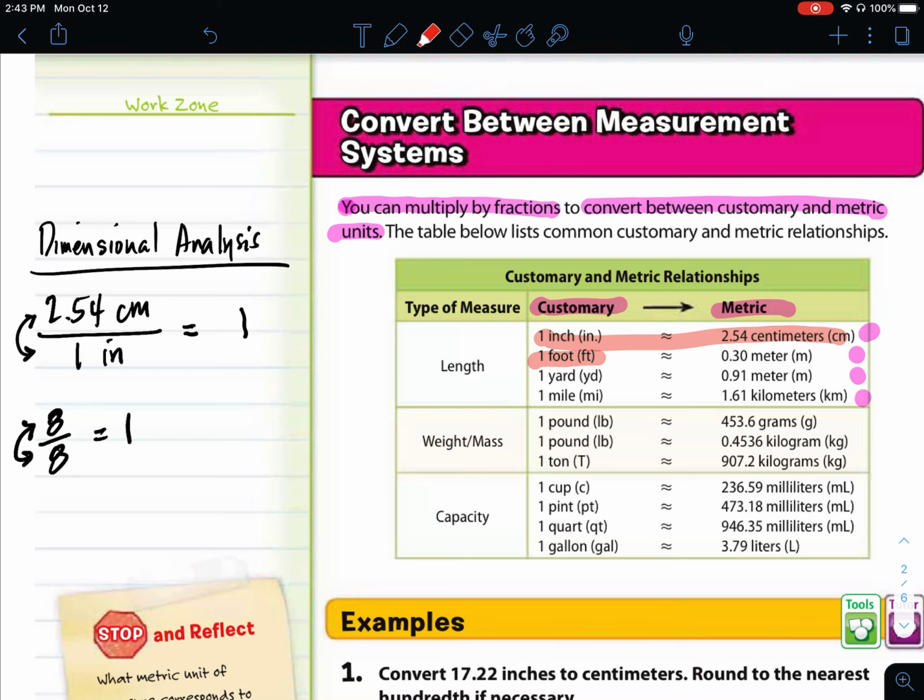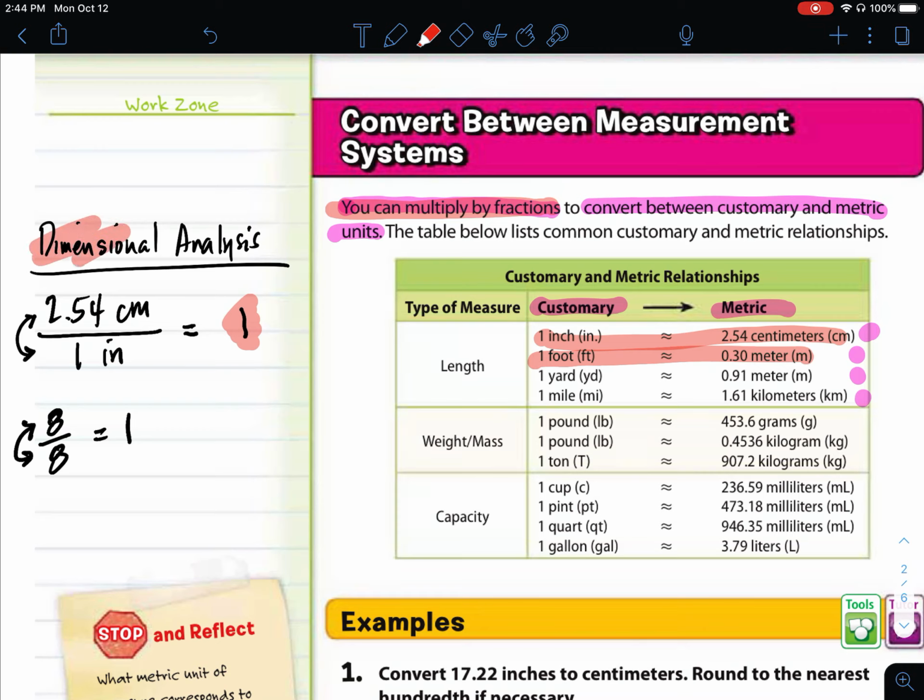So all of these conversions, 1 foot equals 0.3 of a meter, they all equal 1. That's the reason why we can multiply these fractions, because whenever we use dimensional analysis, we are actually multiplying by 1. And when we multiply by 1, we do not change the value of the number.